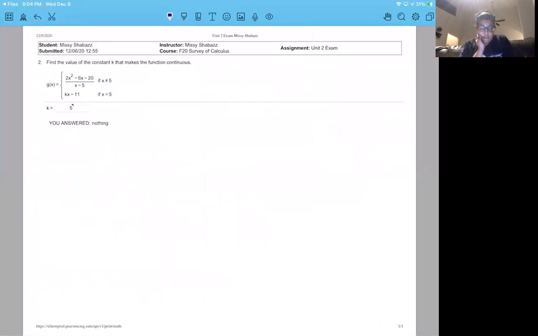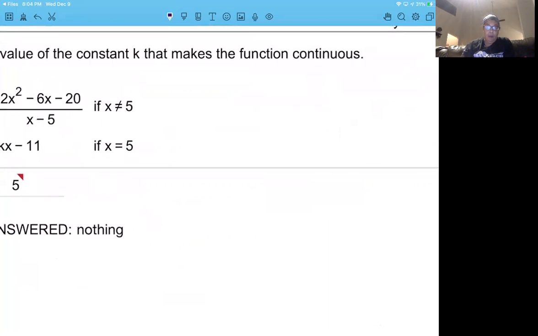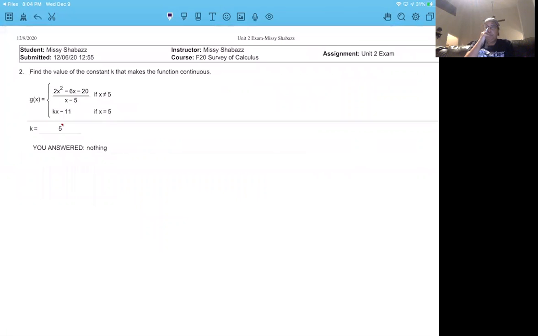Next question. Find the value of the constant K that makes the function continuous. So let's just start by reviewing what needs to happen for a function to be continuous at a point. Well, I know that my problem point is going to be at 5. So for a function to be continuous at the point 5, first, g of 5 has to be defined.